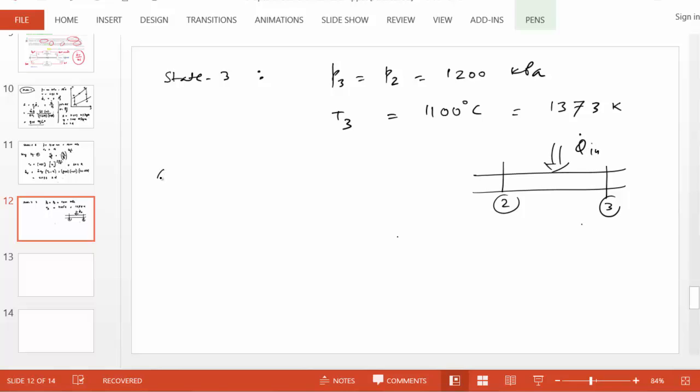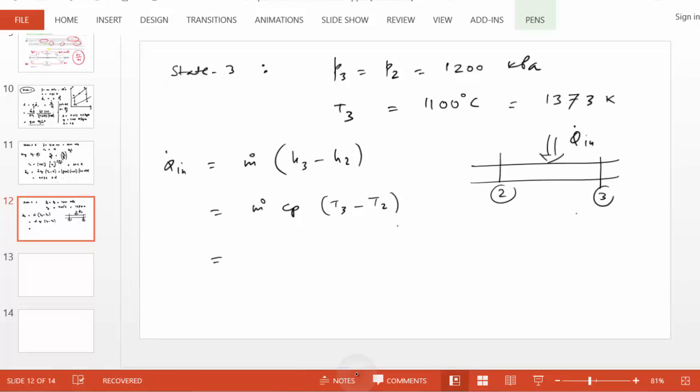And Q dot in is m dot, the higher of the two, H3 minus H2, m dot Cp. M dot is 9 point, what did you calculate m dot to be? I wrote it down somewhere, 9.35. Cp is 1.005. T3 is 1373.